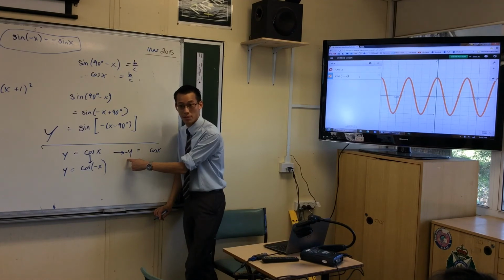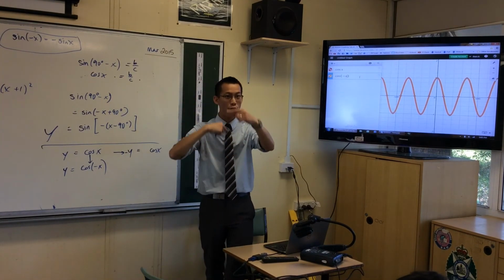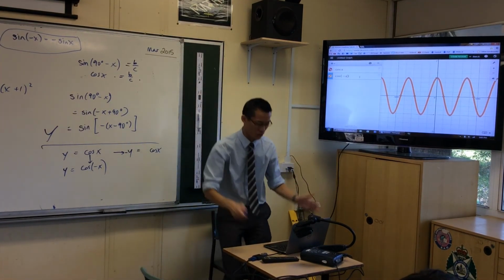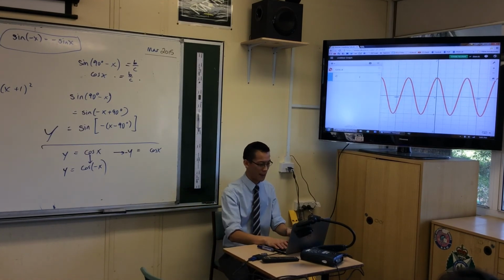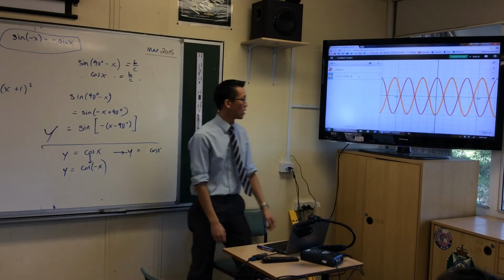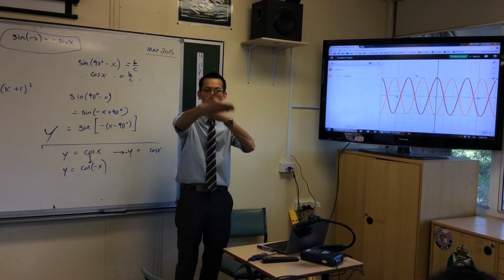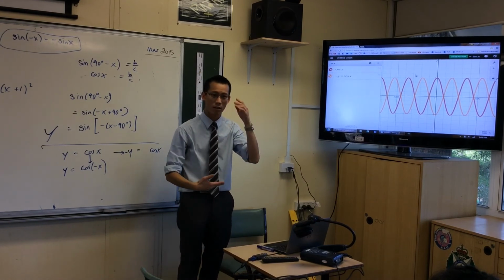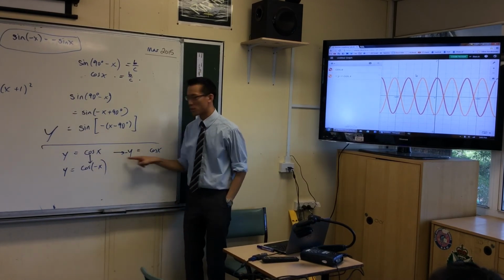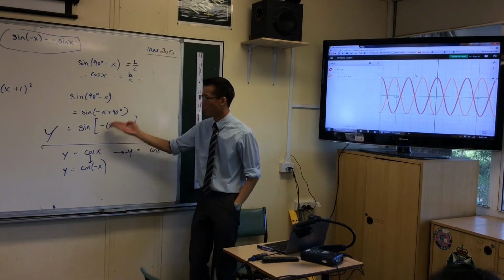Tell me what's being flipped. It's going vertically, which is why, sure enough, when you graph minus y equals cos of x, there's minus cos. It's the red graph flipped vertically upside down. So what you put the minus sign on affects what you're flipping.